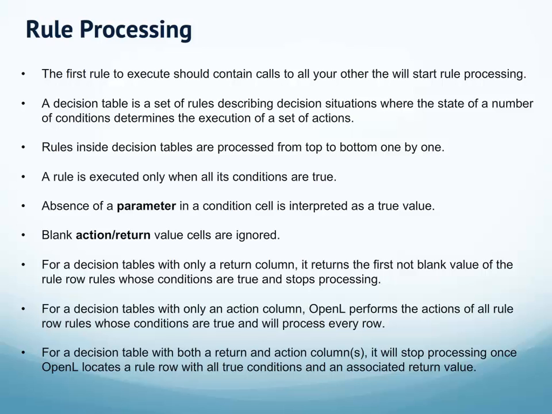It's just going to return that, stop processing. If there's any more rows with other conditions, it's not even going to execute them or know that they're there. So you're not going to get any other further processing from that table.